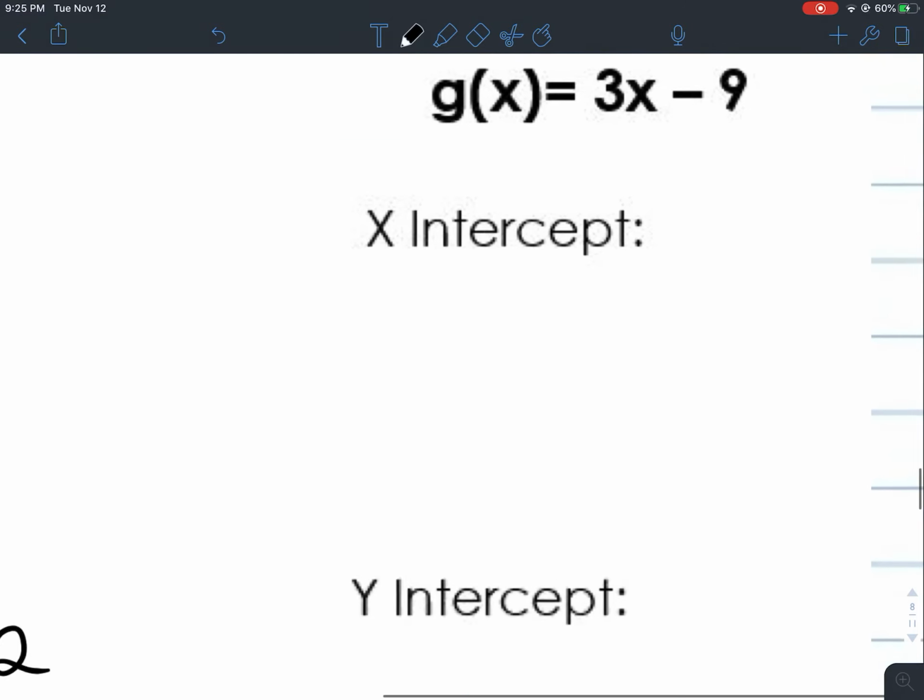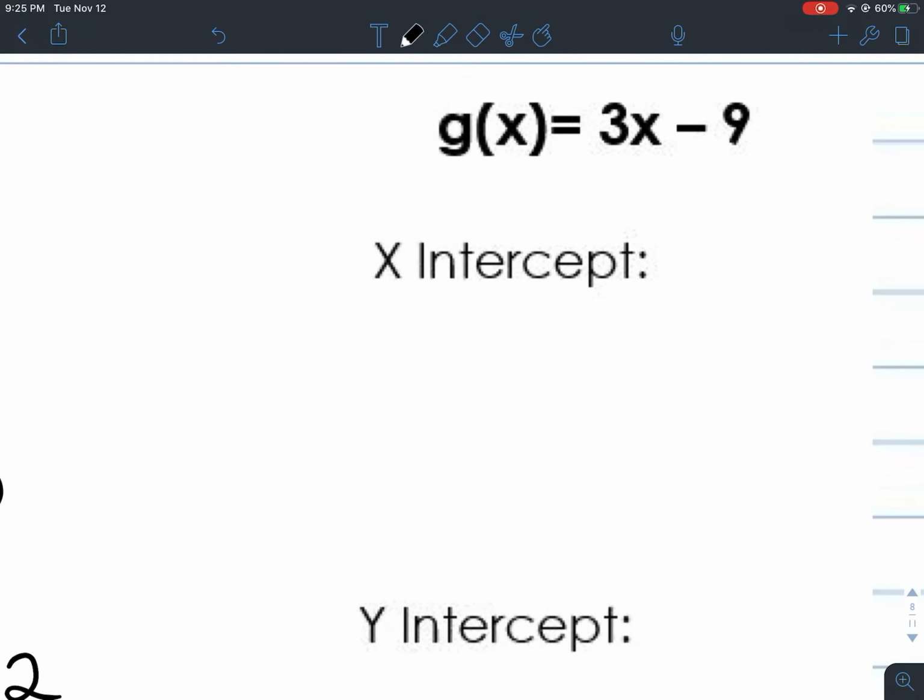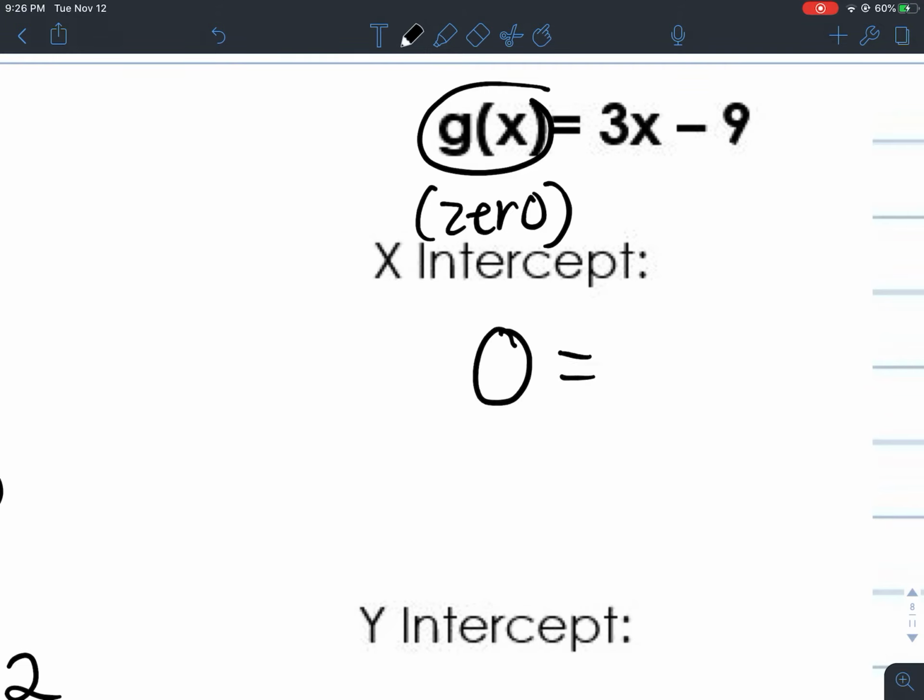Okay. Now sometimes you're going to be given a function in function notation. They'll usually use the word zero for this particular problem. So for your x-intercept, you're going to take this whole part out and plug in a 0. You're going to set the equation equal to 0. You want to keep the x for the x-intercept, and the y for the y-intercept.